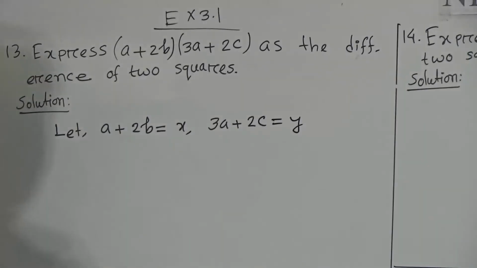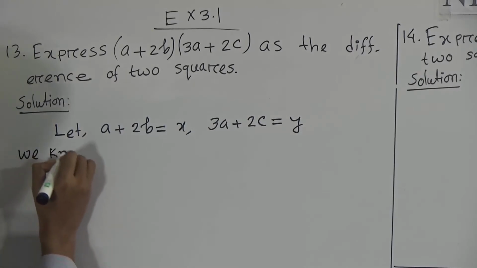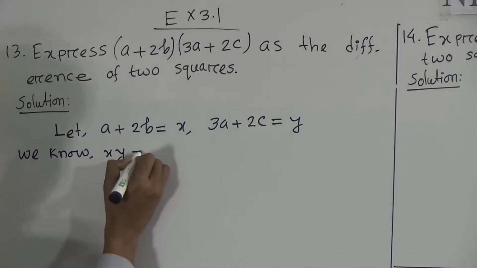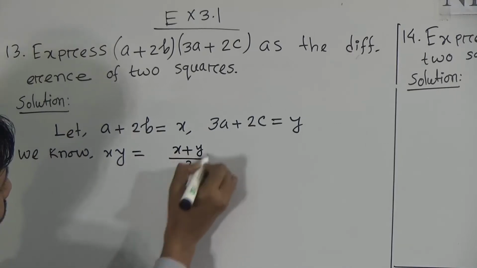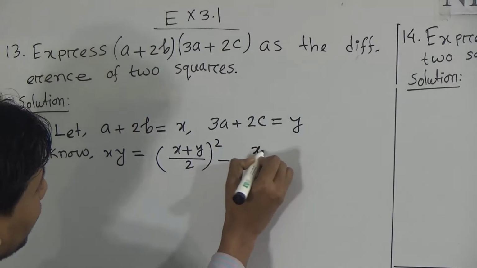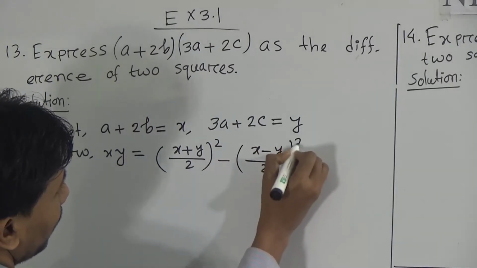Therefore we know xy equals what? x plus y by 2 whole square minus x minus y by 2 whole square.